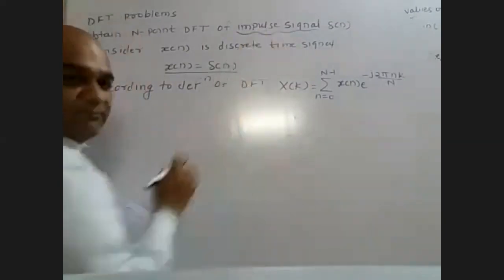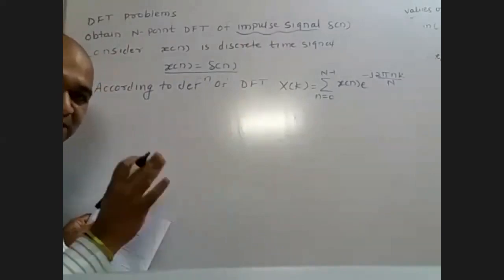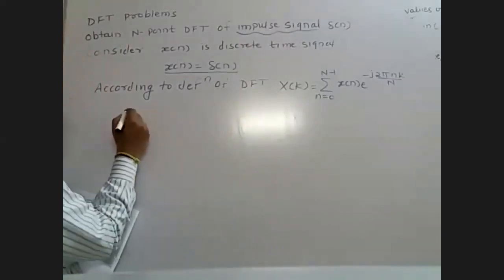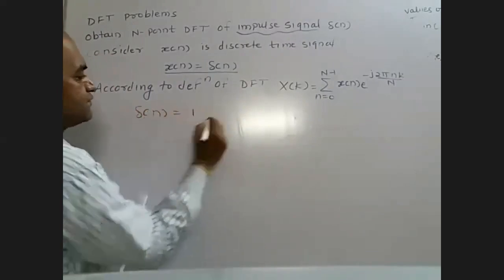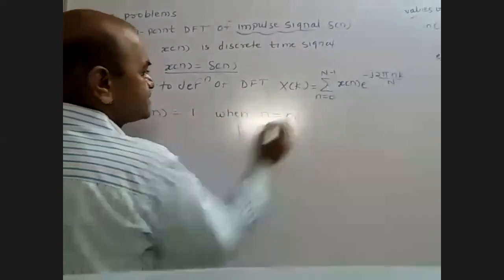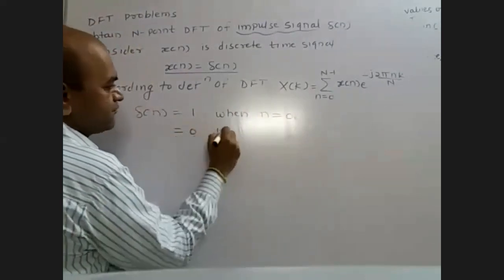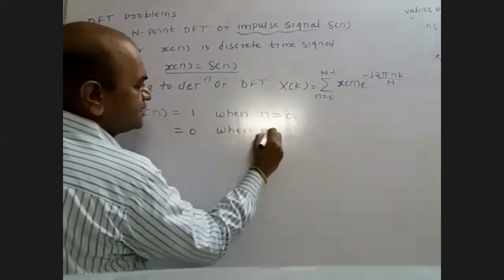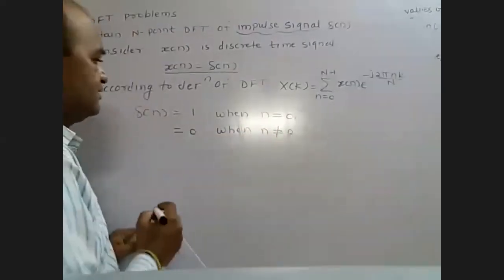Now, we know the impulse signal. We already studied the standard input signals. The standard input signal del of n is equal to 1 when n is equal to 0, and it is 0 in other cases, when n is not equal to 0.